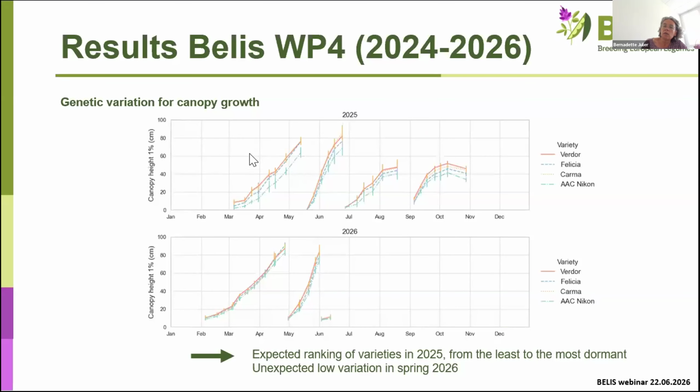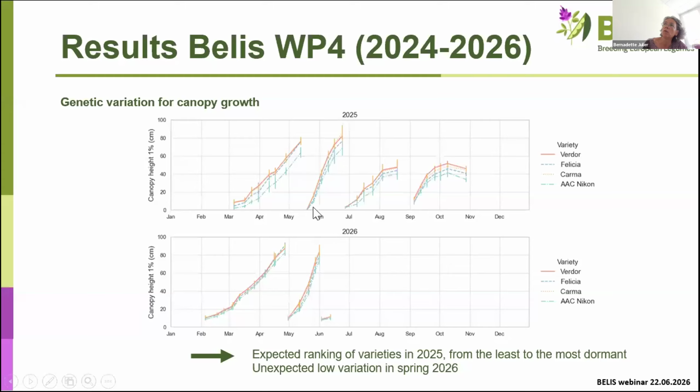Here, a view of genetic variation for canopy growth. It's just a representation for four varieties. In 2027, it's very interesting because the variety in red is Verdor, a very non-dormant variety that starts growing earlier in spring. AAC Nikon is a Canadian variety with a strong autumn dormancy, so it starts later in spring.